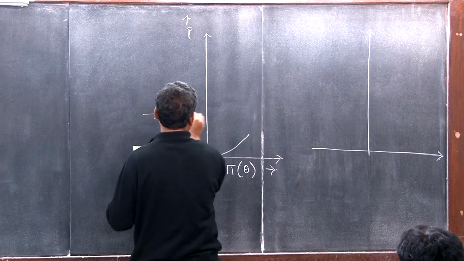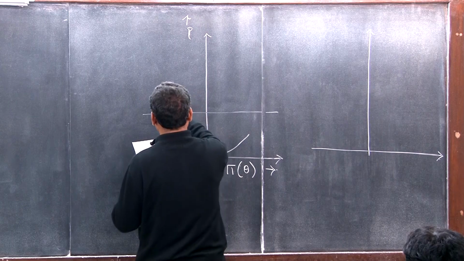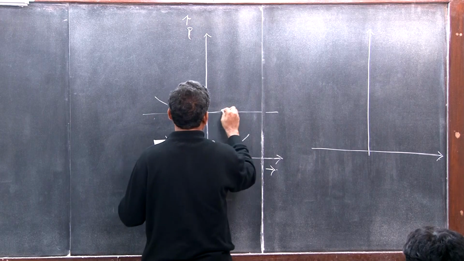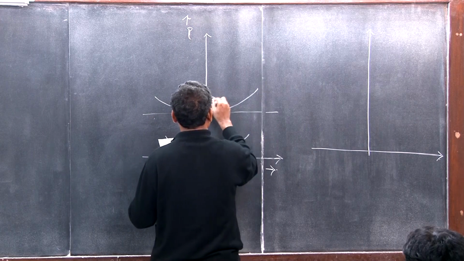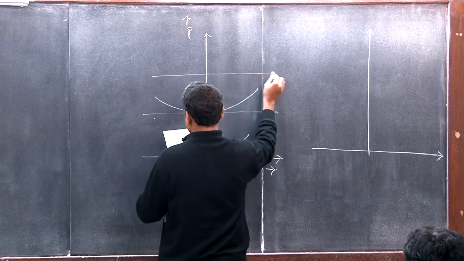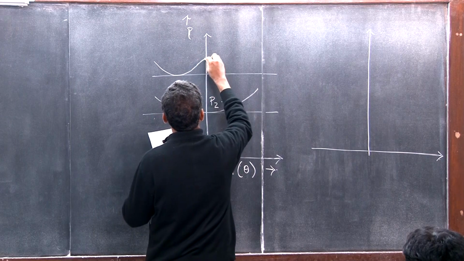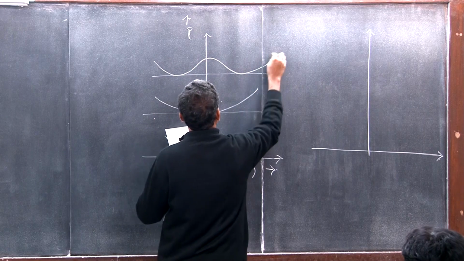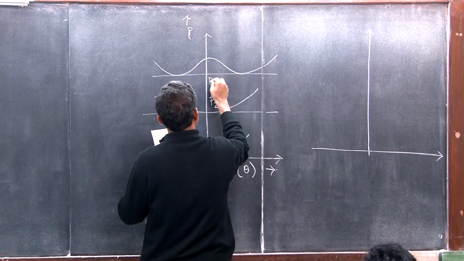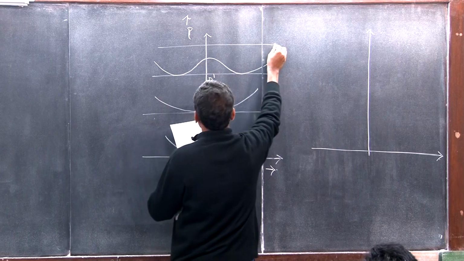I am increasing the value of P: this is for P1, this is for P2, this is for P3, meaning P critical 1 rather.